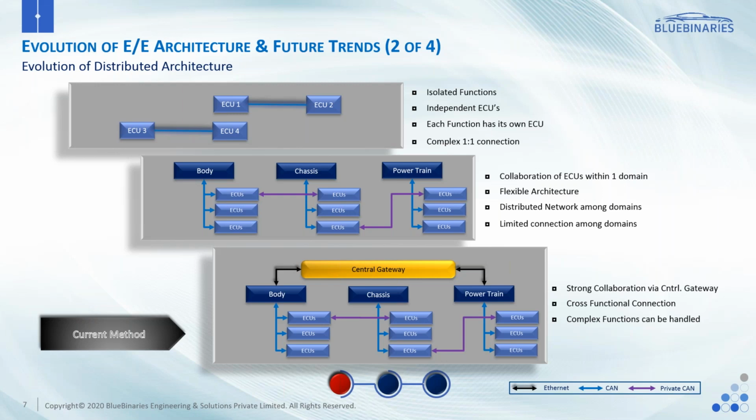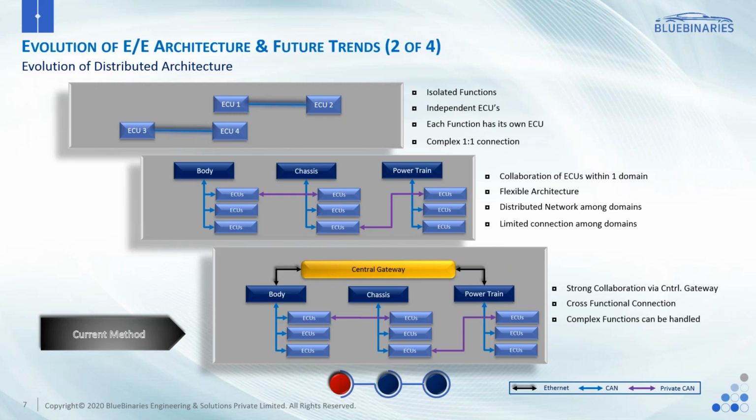And currently almost all automotive companies have reached this stage of architecture, where everyone has successfully implemented central gateway based architectures, and was able to deploy and see the results of this. So this is where we are currently, with one central gateway acting as a backbone, and establishing the communication between different domains and the ECUs connected to the domains.